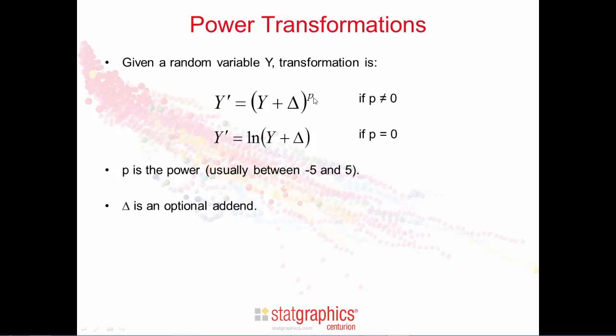Typical values of p might be things like 0.5, which would correspond to a square root, or -1 for p, which would correspond to a reciprocal transformation. The addend delta is often set equal to 0. But if any of your data values are 0 or negative, you'll need to add a little something to them before you can either raise them to a power or take a logarithm.